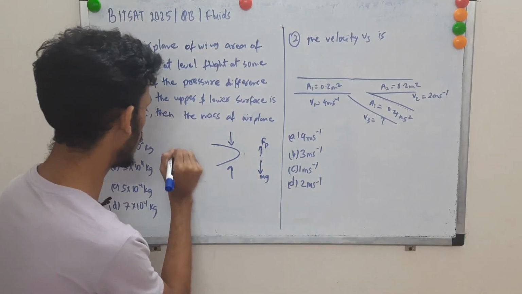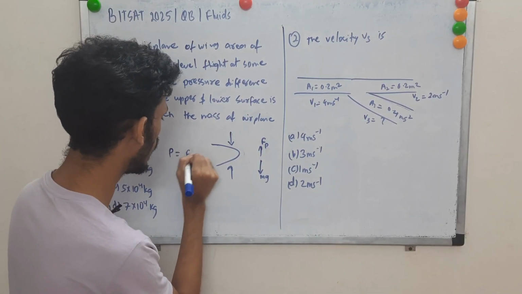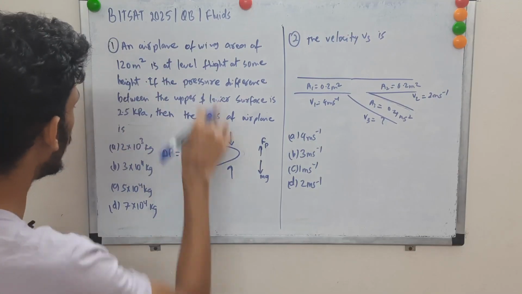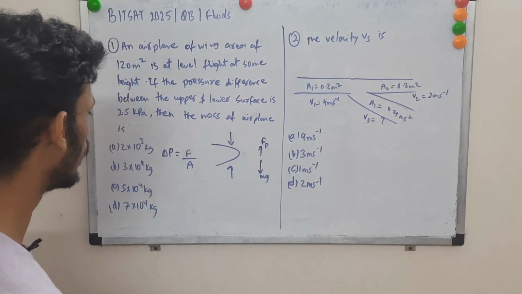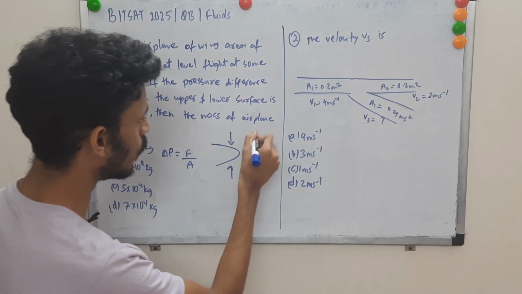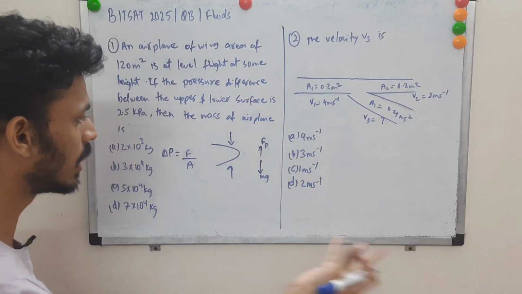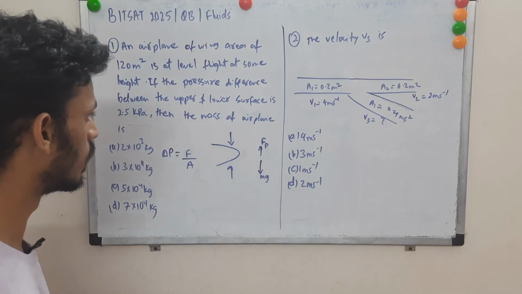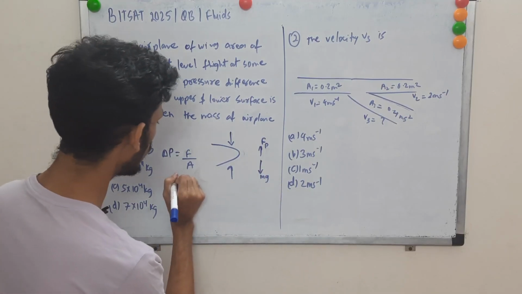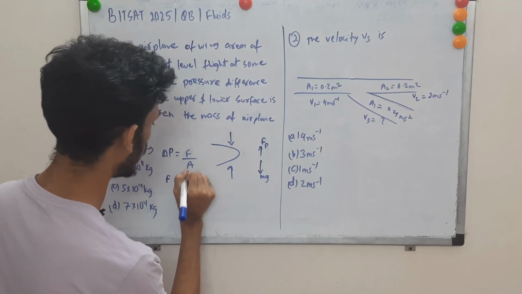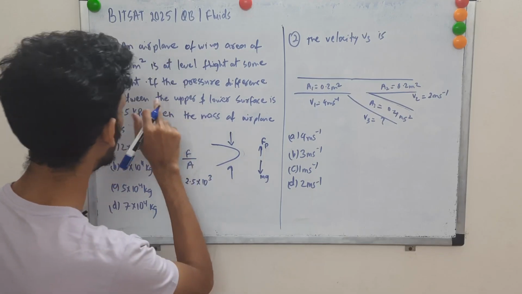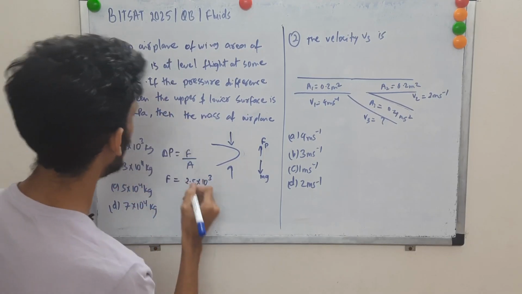Pressure is force per unit area, so this pressure difference is force per unit area. The area of the wings is given, so you can find the force and equate it to mg, which gives the mass of the plane. Force equals pressure into area, so 2.5 into 10 to the power 3 times the area, 120 meters square.